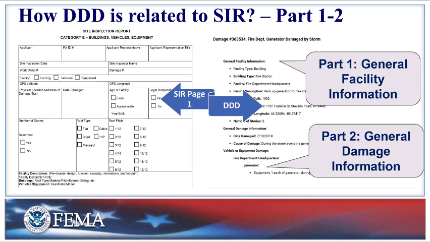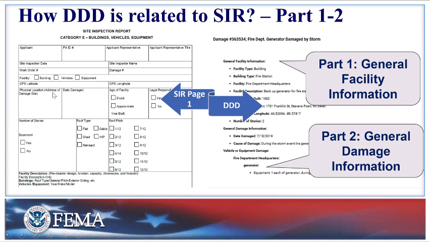So Part 1, as you can see on the screen, shows how the DDD is related to the site inspection report in Part 1 and 2. So we have Part 1, our general facility information, and then Part 2, our general damage information. And again, this is Category E information, and it depends on what category of work you are inspecting.